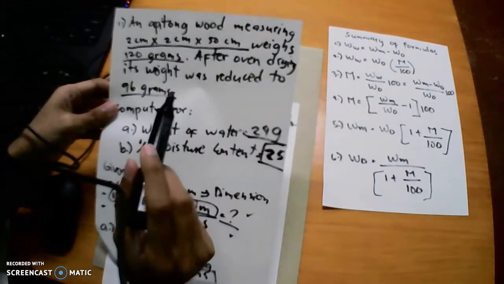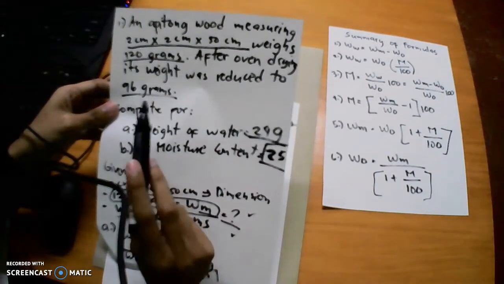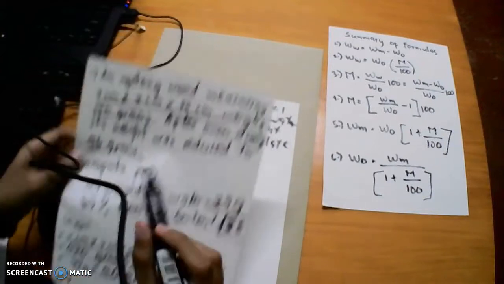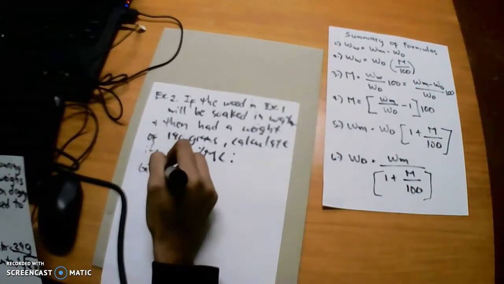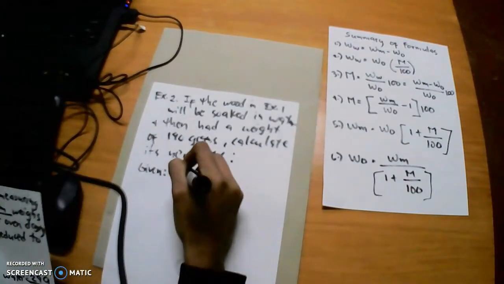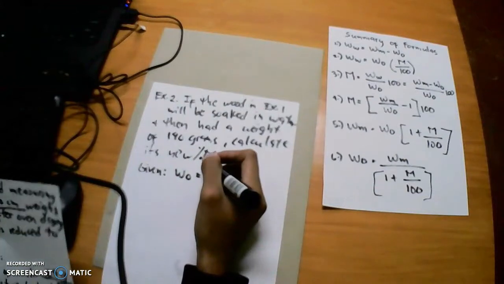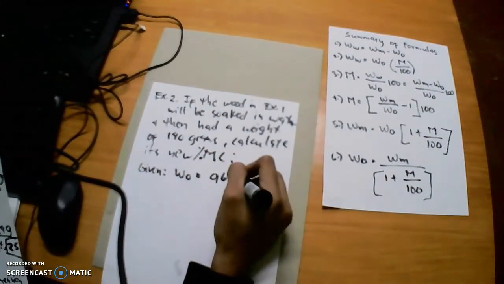May bago nga weight which is 96 grams. Ibutang diri. So may siya given. Based sa example number 1, na-compute nato na ang iyang given nga WO which is equal to 96 grams.